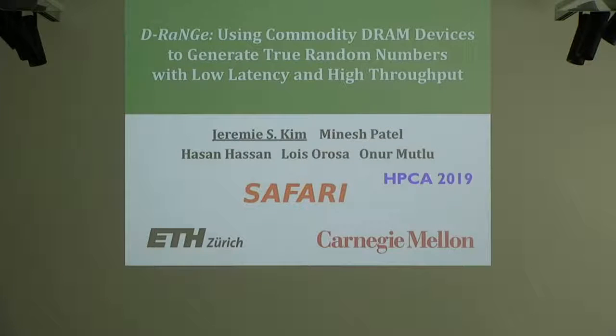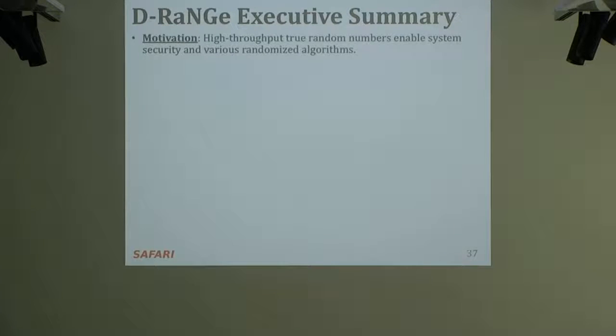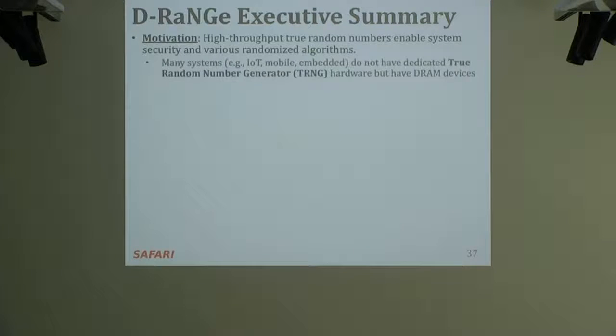I find this fascinating, I think. You can generate random numbers at very high throughput and low latency using the observations that we've just discussed in terms of latency. High-throughput random numbers enable system security and various randomized algorithms, and the paper has a lot of references related to this. Many systems actually use random number generators.